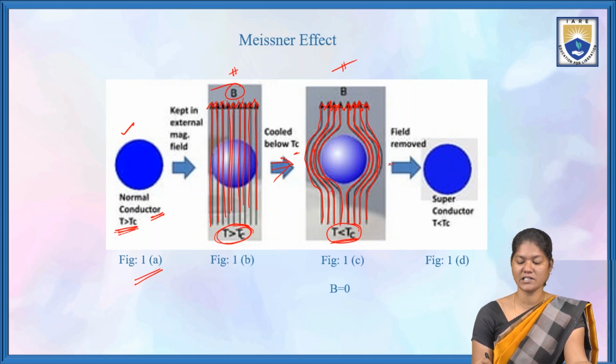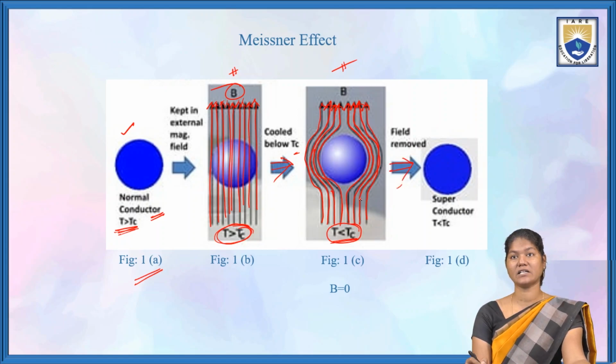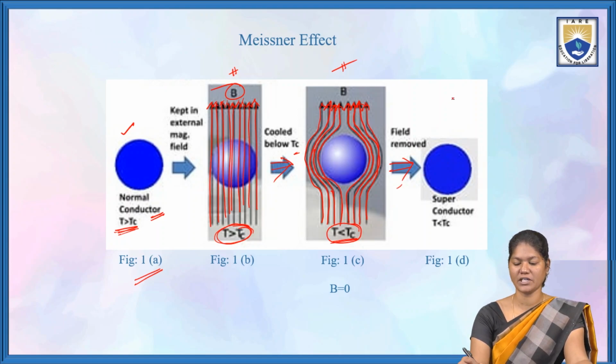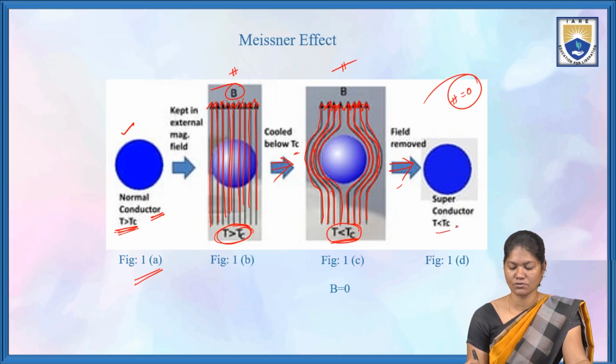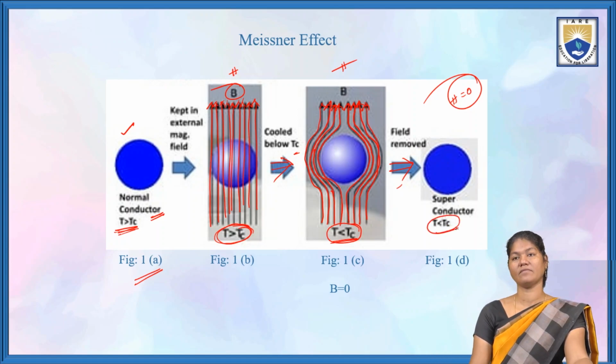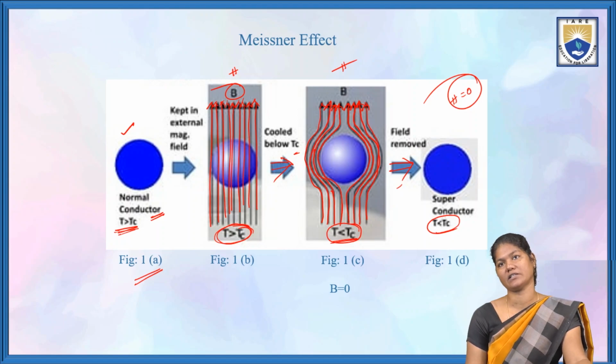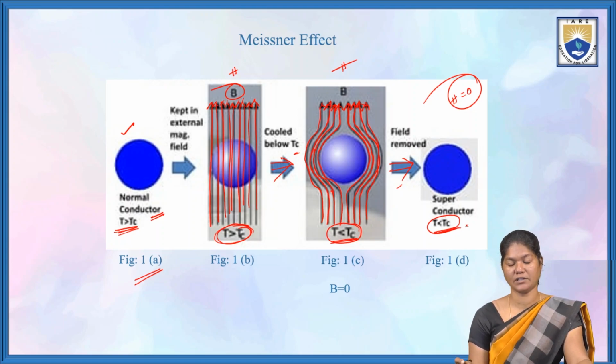When the magnetic field is removed, H becomes 0, the superconducting state will be like that, with T less than Tc.